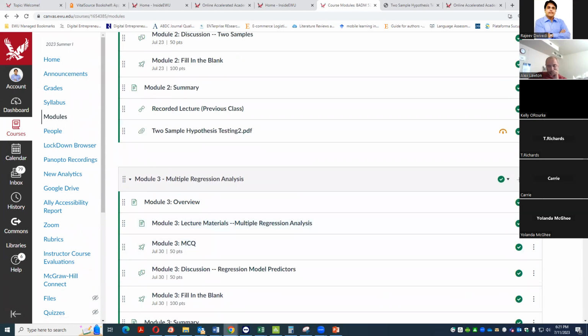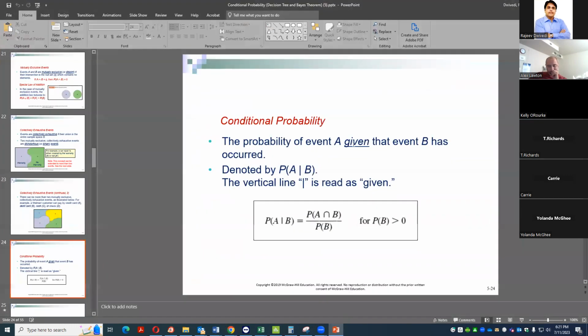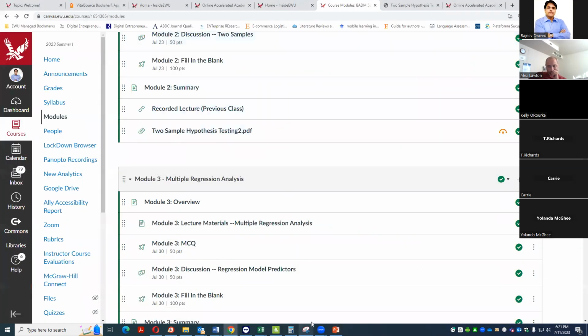Now I was explaining conditional probability. What is conditional probability? Probability of A given B equals probability of A and B divided by probability of B, where probability of B must be greater than 0.